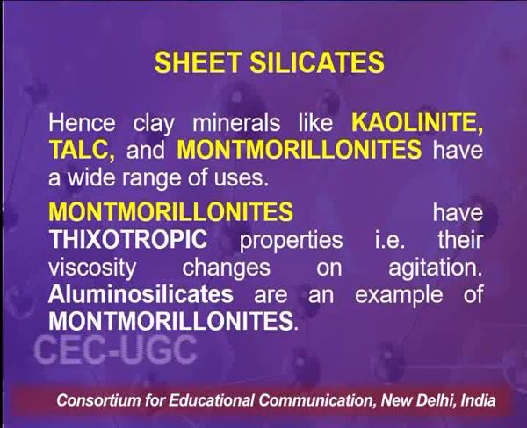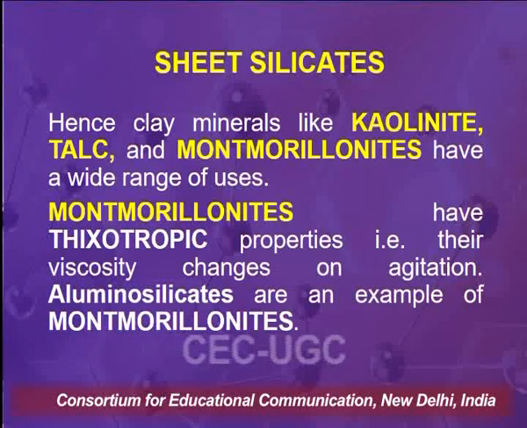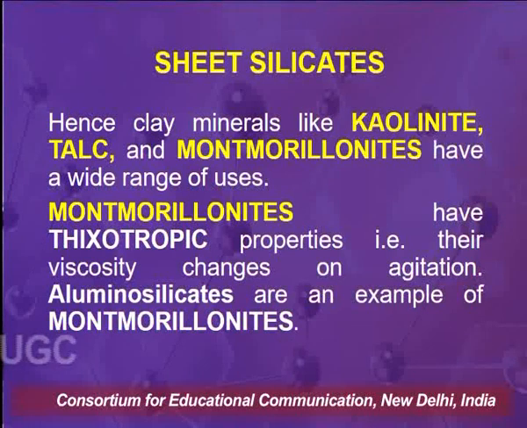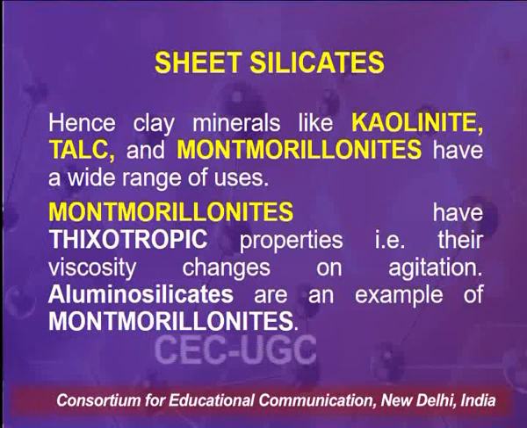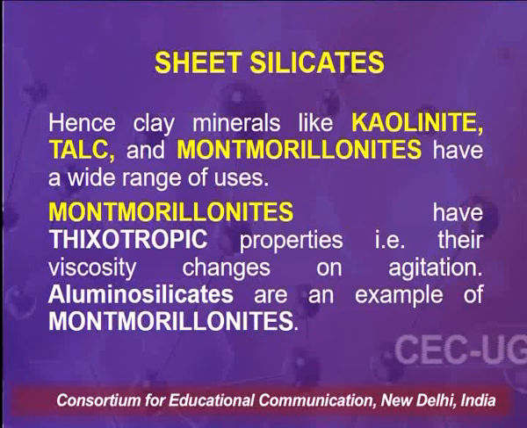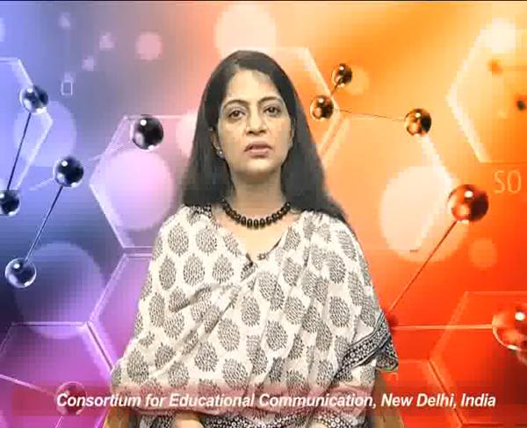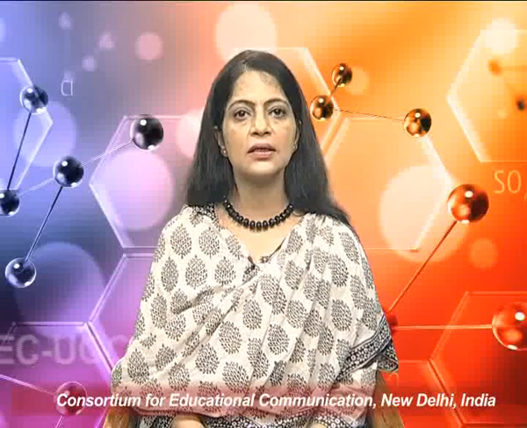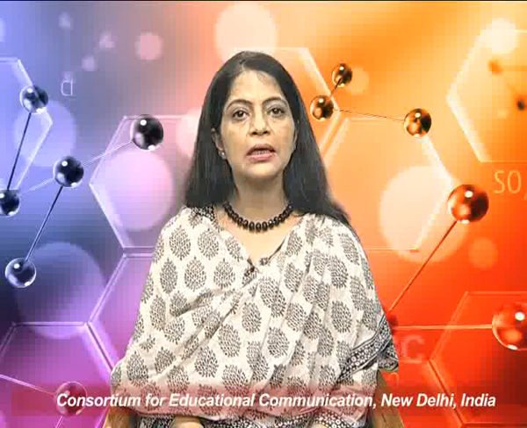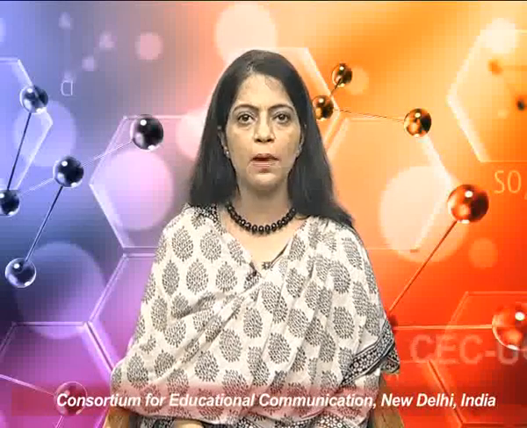Aluminosilicates are an example of Montmorillonites. So, as the solutions of Montmorillonites are stirred vigorously, then the viscosity can either decrease or increase depending upon the Montmorillonite. When some of the silicon is replaced in the tetrahedral holes by aluminium, cations are introduced to balance the charge.